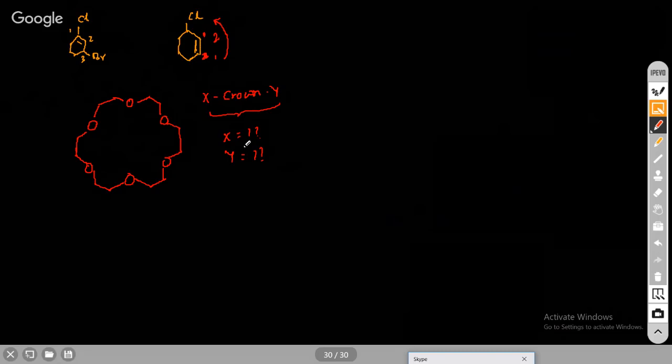Okay. And X is the number of carbon plus oxygen. So X represents the number of carbon plus oxygen atoms present, and Y represents the number of oxygen atoms only. So X value will be, how many carbon atoms are there? 6 oxygen. So Y will be 6 and this will be 18.